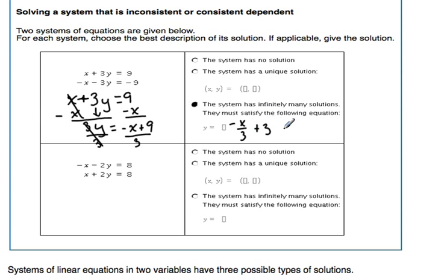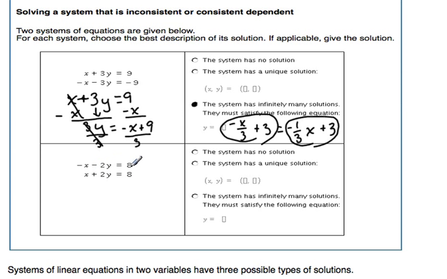So this would be an acceptable answer. Alternatively, you can write the negative x over 3 really means negative 1/3 x, and you can put negative 1/3 x plus 3. So either of these two would be acceptable. Okay, let's get to the second one.